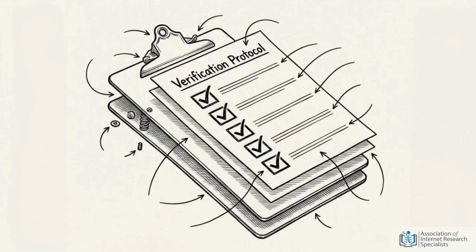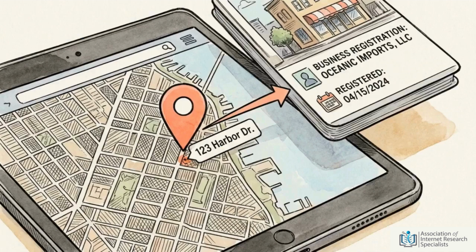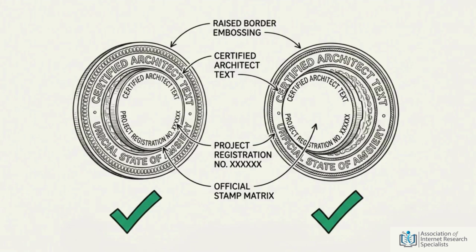Validating the underlying degree requires a strict 5-step procedural checklist. Step 1 is obtaining written legal authorization from the subject. Step 2 is confirming the exact legal name and physical location of the awarding institution. Step 3 moves to authoritative databases. You must verify the institution's recognized status through the Council for Higher Education Accreditation or the U.S. Department of Education.